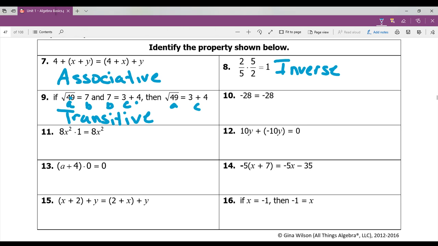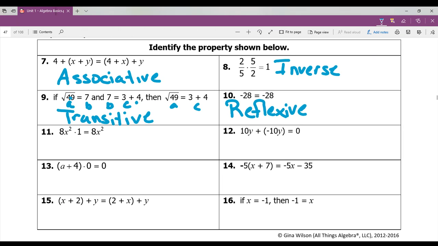Negative 28 equals negative 28. When something is equal to itself, that is called the reflexive property. Kind of like when you look in a mirror and you see your reflection, you see yourself. Reflexive. 8x squared times 1 equals 8x squared.